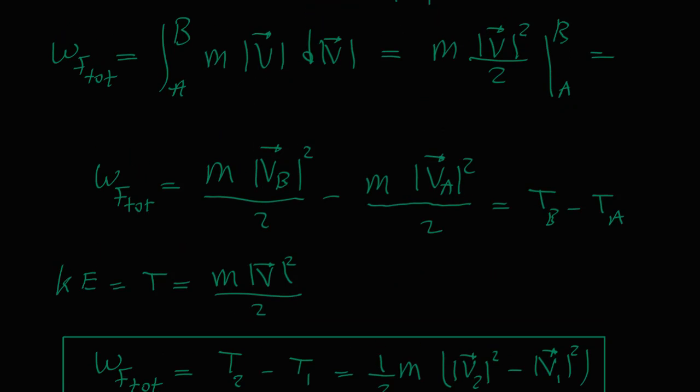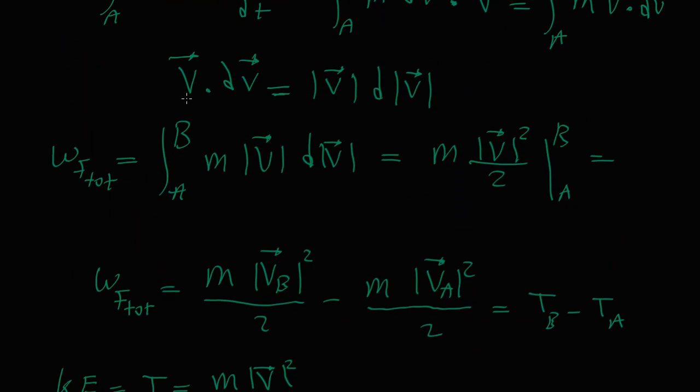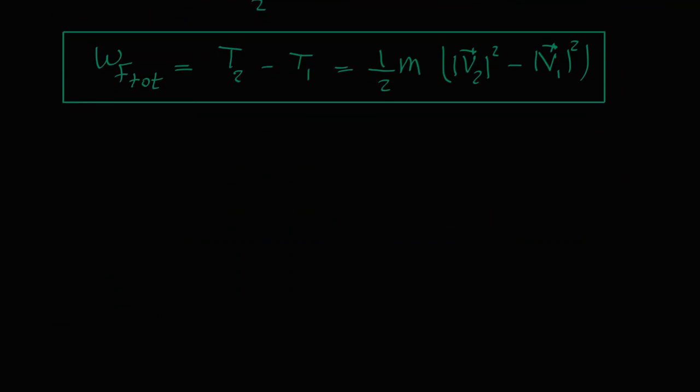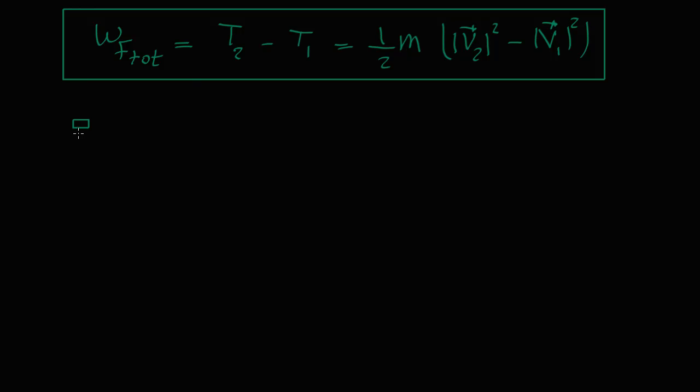So now I just have to show that the equation we assumed here, v dot dv, should be equal to the magnitude of v times the differential of the magnitude of v. That's very simple. Here we say that v dot v is equal to v squared. The dot product of a vector by itself is just its magnitude squared. Now I can take the differential of both sides of this equation.